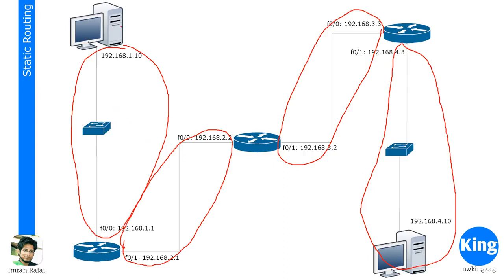So if this computer wants to communicate with this computer, it looks at the IP address 192.168.4.10. That's the IP address it wants to communicate with. And knowing the way we have looked at data transmissions earlier, we know that this computer will have to send that data to its gateway, which is 192.168.1.1, this device.